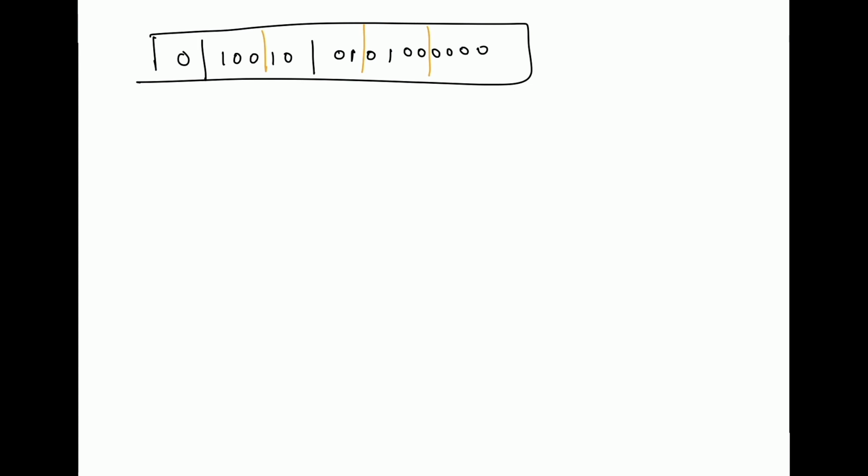Okay, so this was 10.5, and let me get rid of the orange lines and fix it so it was a 0, and then 0, and then a 0 and a 0. Yeah, okay, so this was 10.5 as a float 16. All right, somebody give me another number. 42.